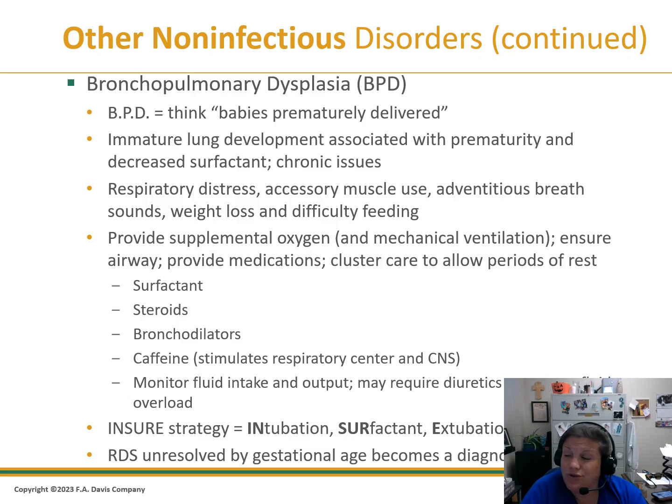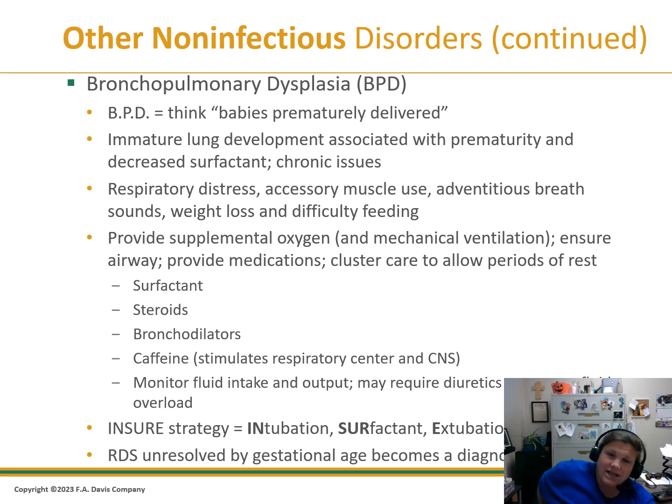We want to monitor their fluid intake and output. These individuals may need diuretics to keep them from having fluid overload. And so anytime a diuretic is being ordered, obviously we need to be paying attention to intake and output in that situation too.